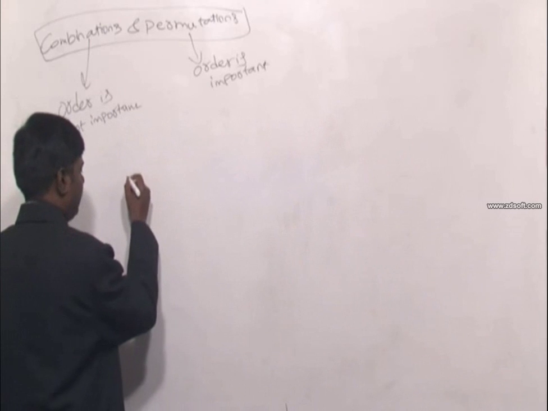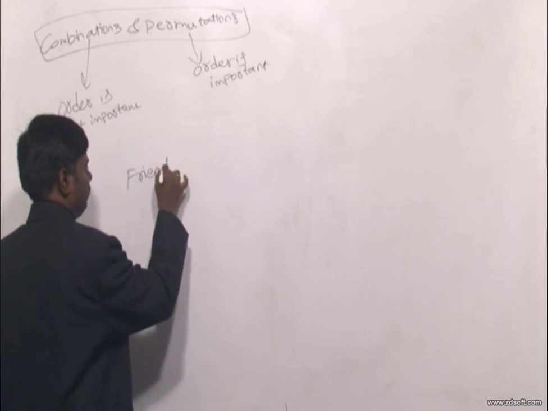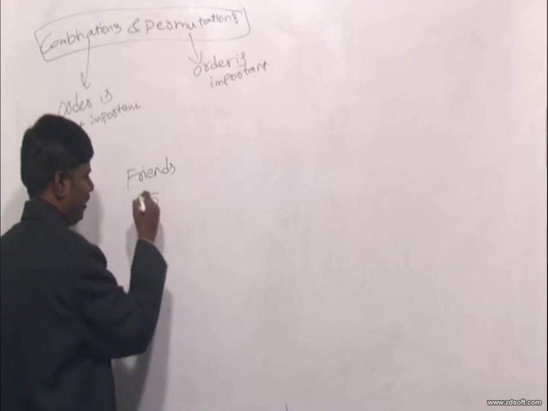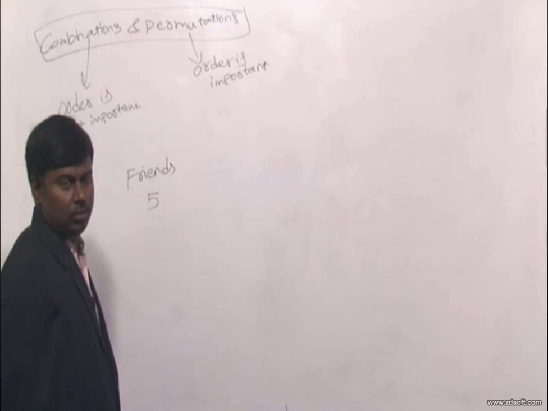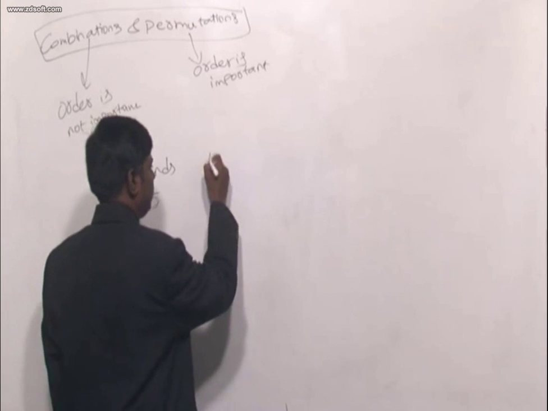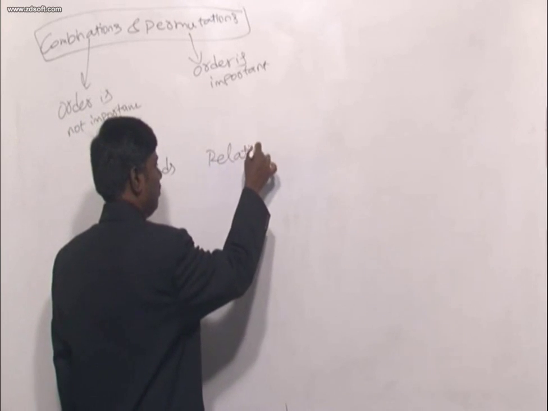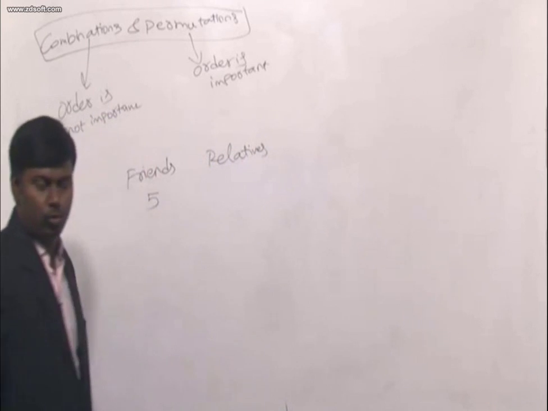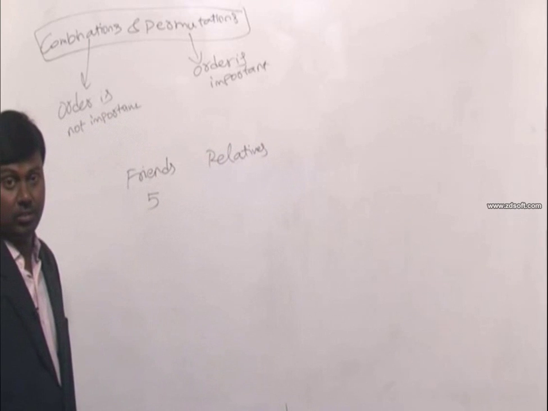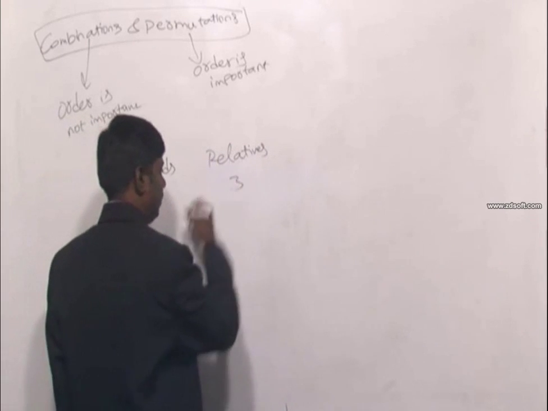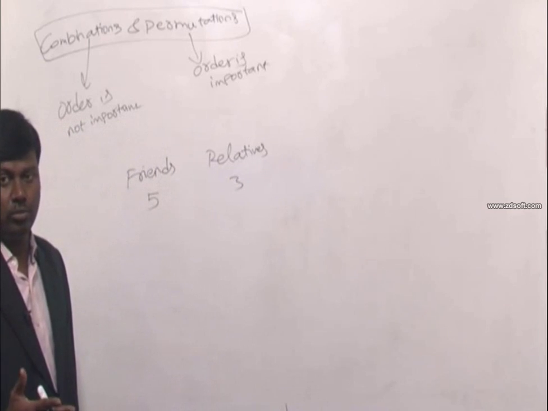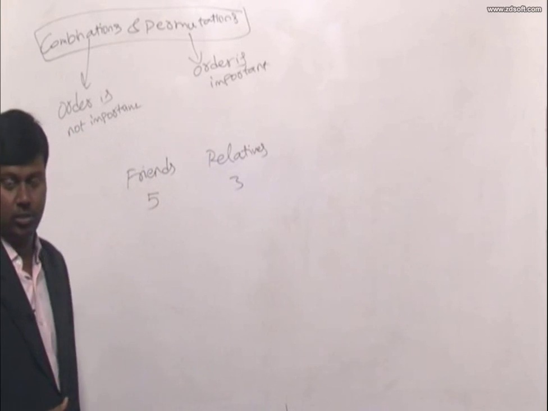So going by close friends, how many close friends you have? Let us say you have 5 very close friends. Then relatives who are as close as any of these friends.